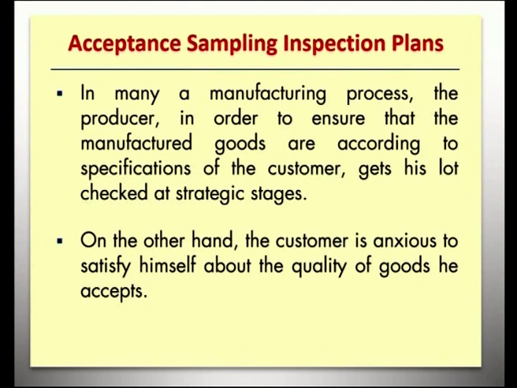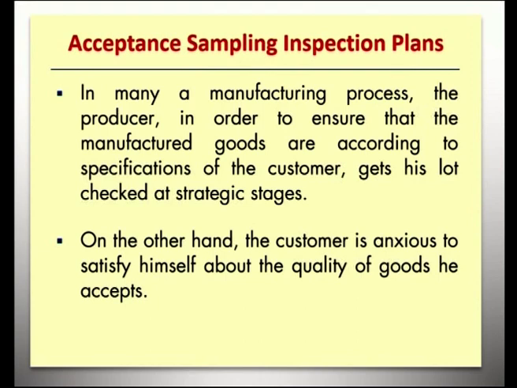In many a manufacturing process, the producer, in order to satisfy the customer, ensures the manufactured goods are according to the specifications of the customer. So, he gets his lot checked at strategic stages.